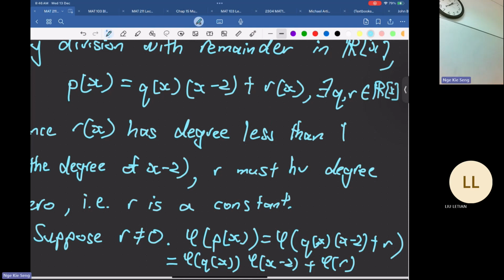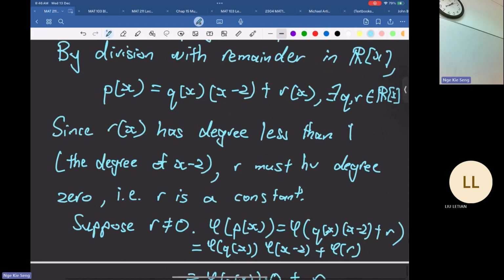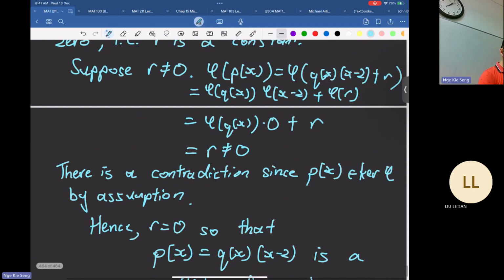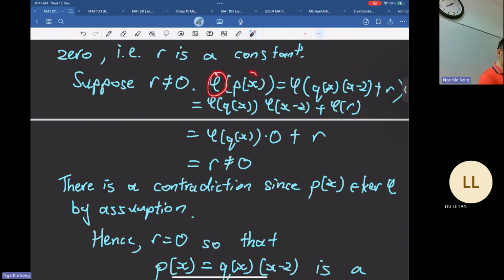So if r is equal to 0, then we are done because we already wrote p(x) as a multiple of x minus 2. Let's say r is not equal to 0. Then we will get a contradiction here. If r is not equal to 0, then phi of p(x) is not 0 either.